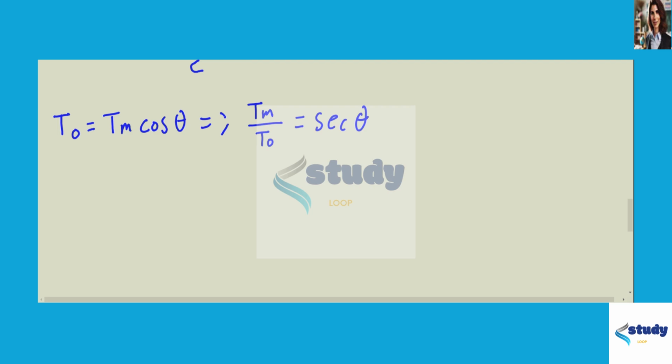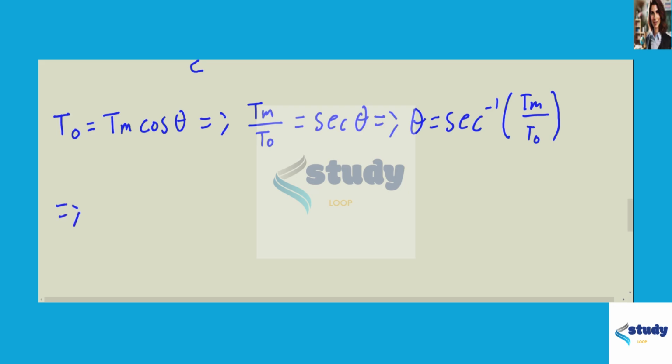So again, we're going to rewrite this, solving for the angle theta. That's going to be equal to the secant inverse of Tm divided by T naught. And we can replace this Tm over T naught with y of b over c.